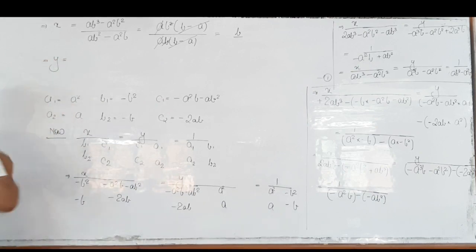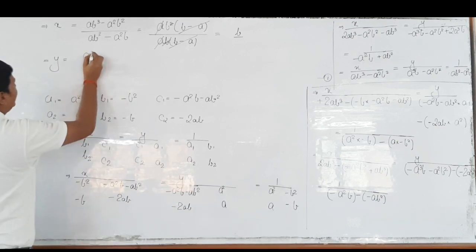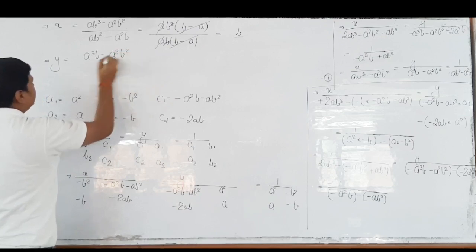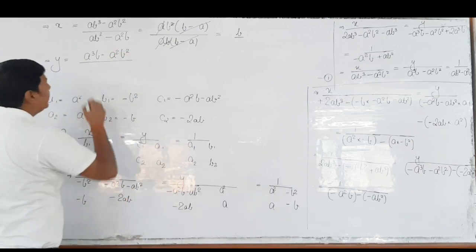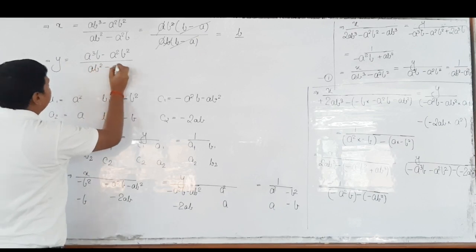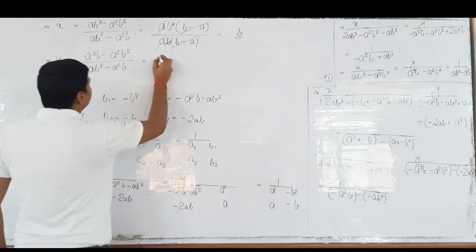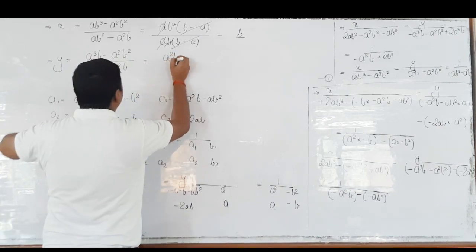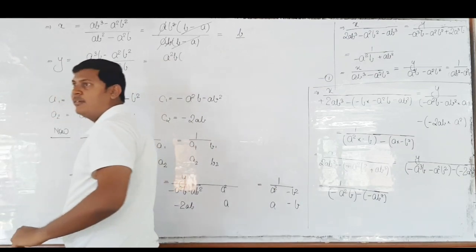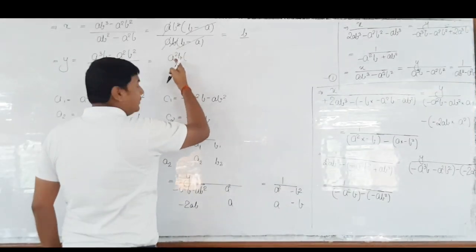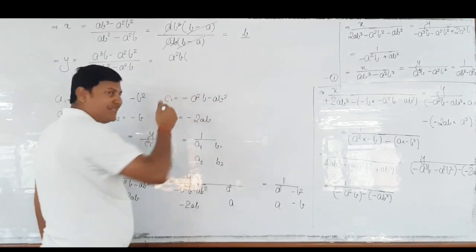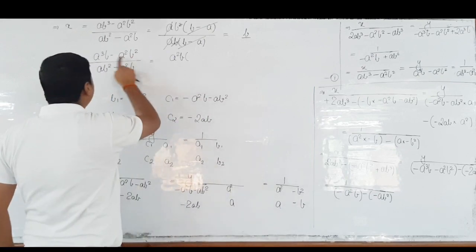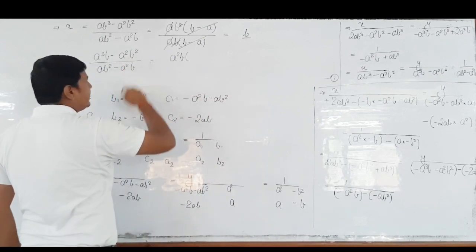Now y is equal to a cube b minus a square b square by ab square minus a square b. So if we take the common as a square and b, and from b square the common will be b.